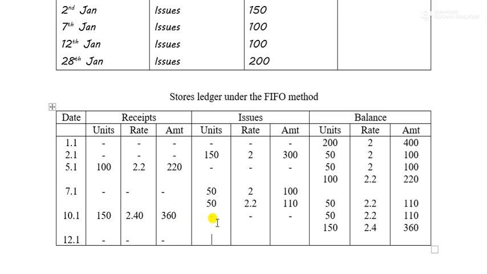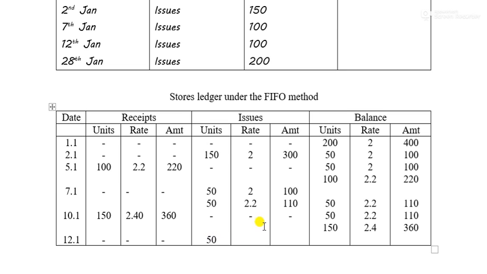How much? 100 units. Now, whenever we make issues, we look at the balance. If we look at the balance of the previous date, we have 50 units of this stock and 150 units of this stock. So we'll issue first from this stock and then from this stock. We have to issue only 100 units.